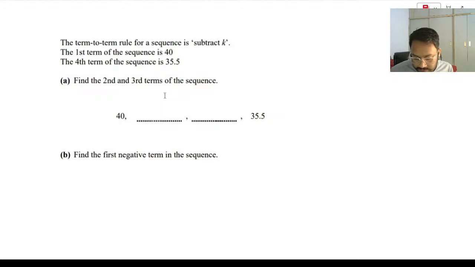Labdi is saying that the term rule is minus 0.5.